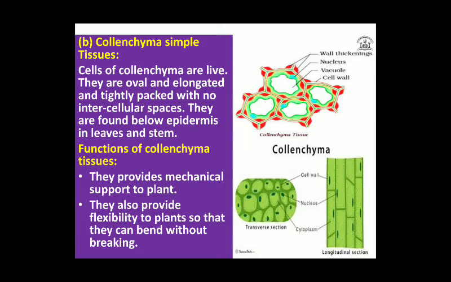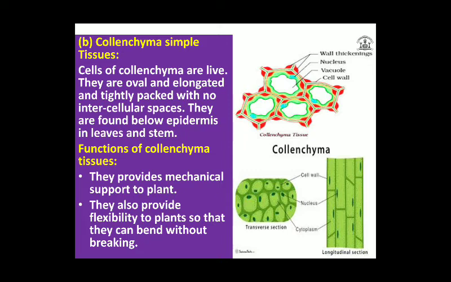These tissues also provide flexibility to plants so that they can bend without breaking. Whenever there is a heavy wind, you could see the trees shake. That flexibility is because of the presence of these collenchyma tissues.